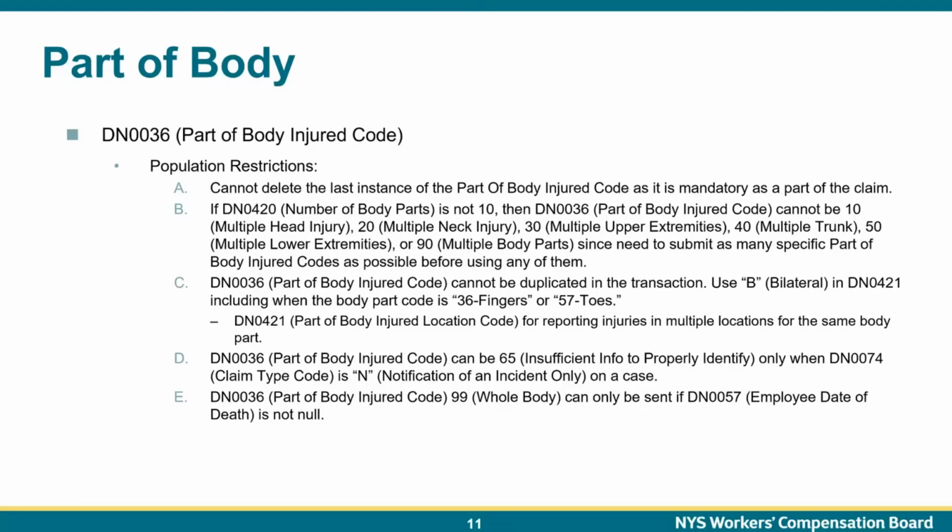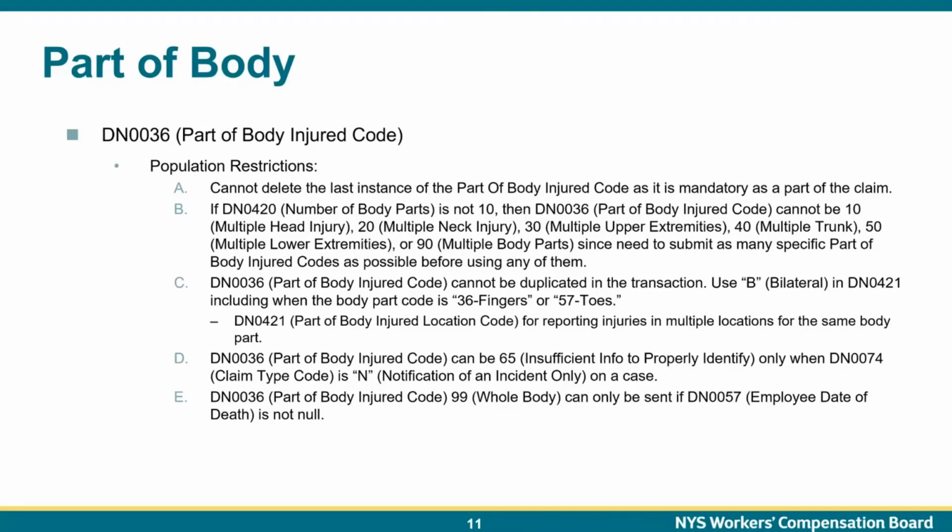What that means is since you're allowed 10 parts of body, if you were only reporting 5, we would not allow you to use one of the multiple codes. However, if you were reporting 10, you could use multiple of these codes, such as 40 and 50, as long as the total parts of body reported are 10.